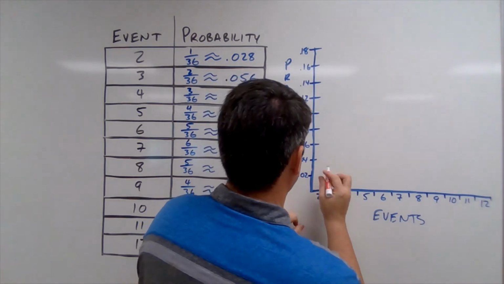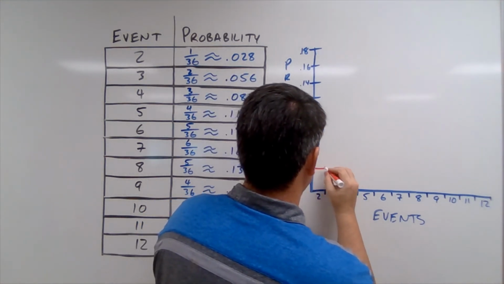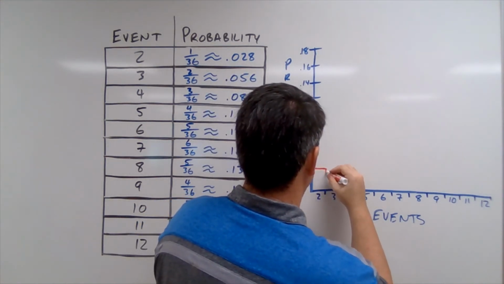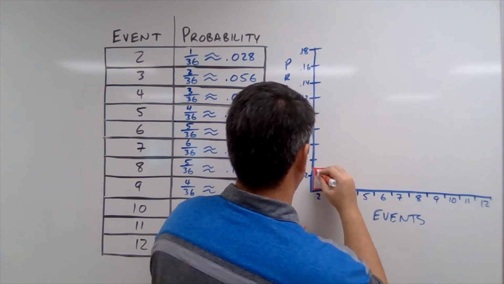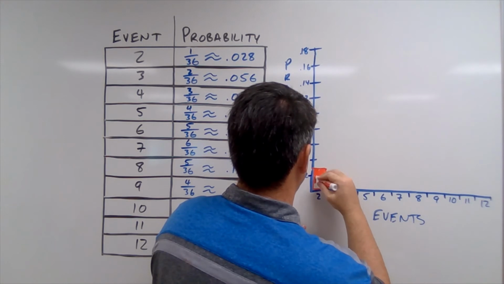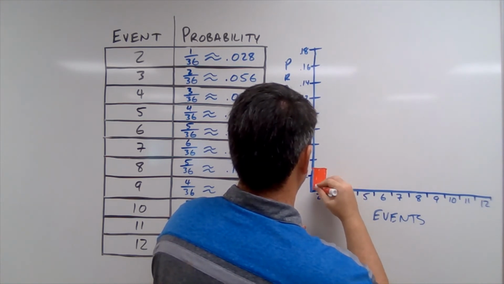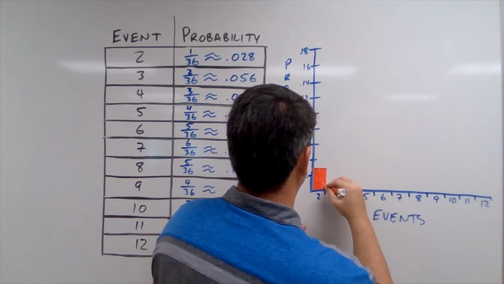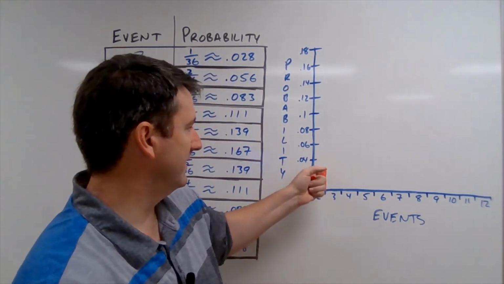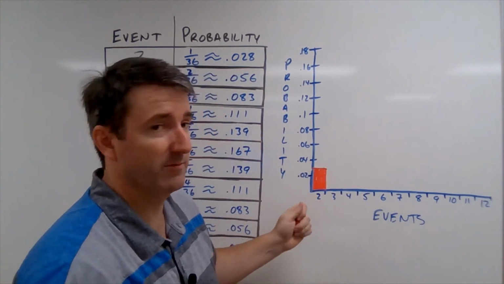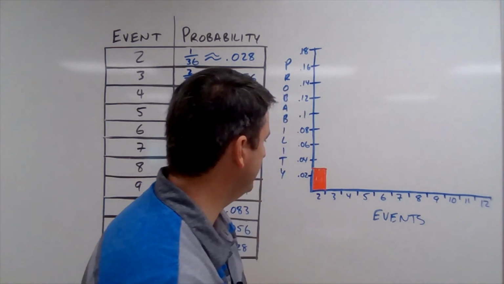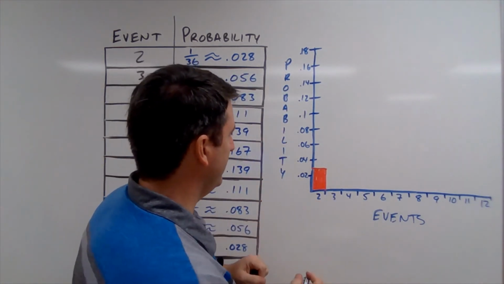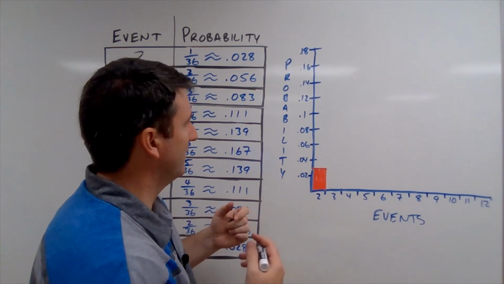So let's go up here to about right here, and then we can fill in this box with red. And the height of that box shows that the probability of rolling a 2 is about 0.028.